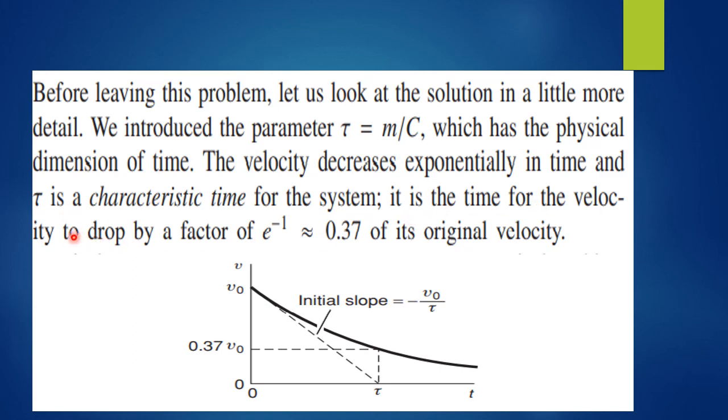It is the time for the velocity to drop by a factor of e raised to minus 1. When t equals tau, the velocity becomes 0.37 times v0. So this time is called the characteristic time for the system.